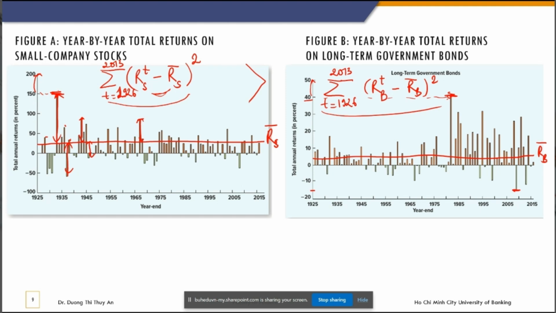Remember the different scales. But when we measure like this, the number becomes very large.